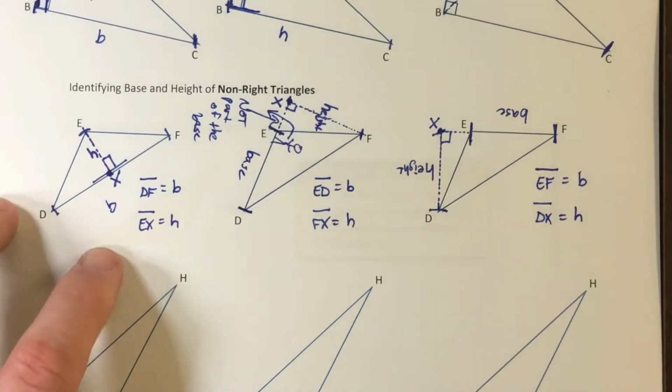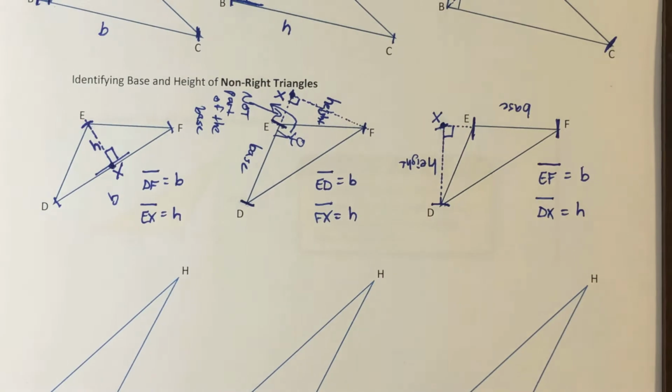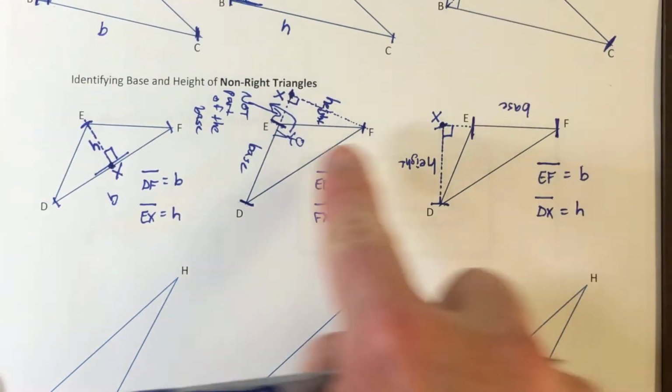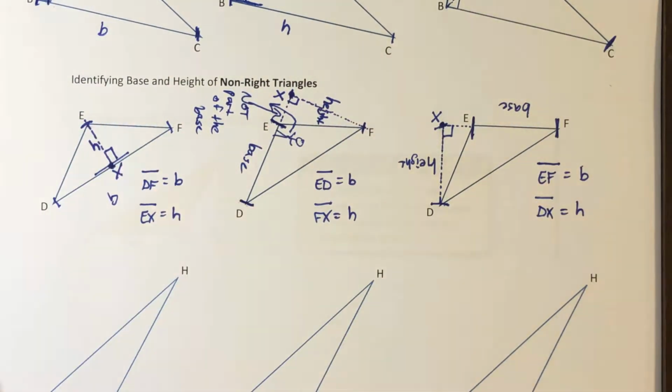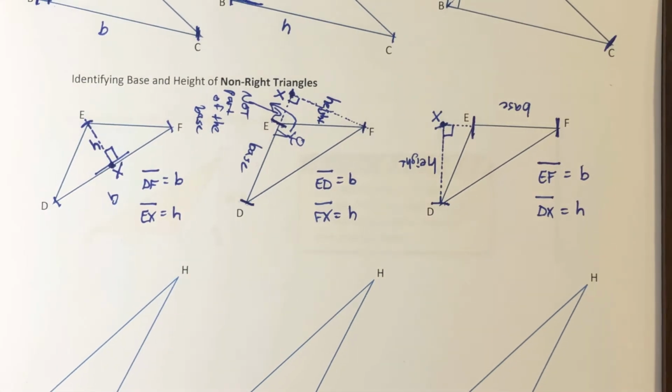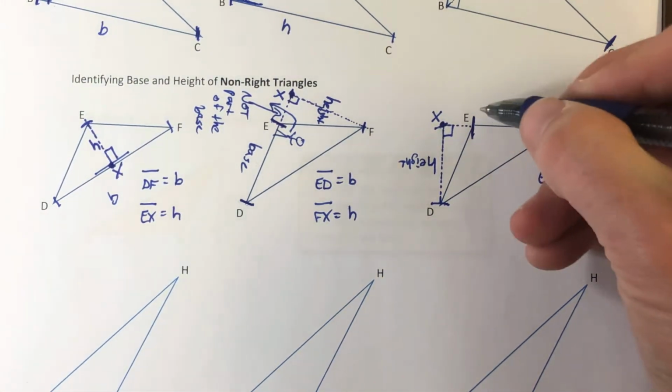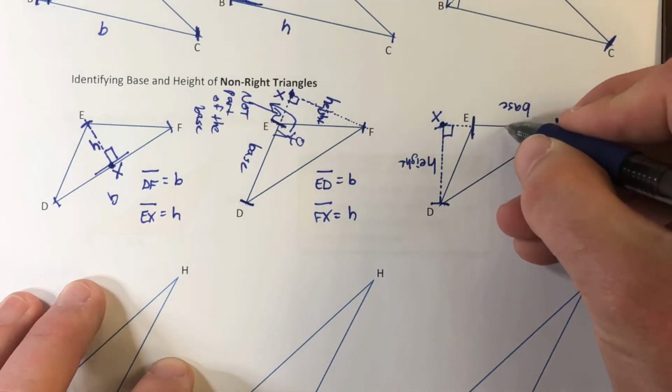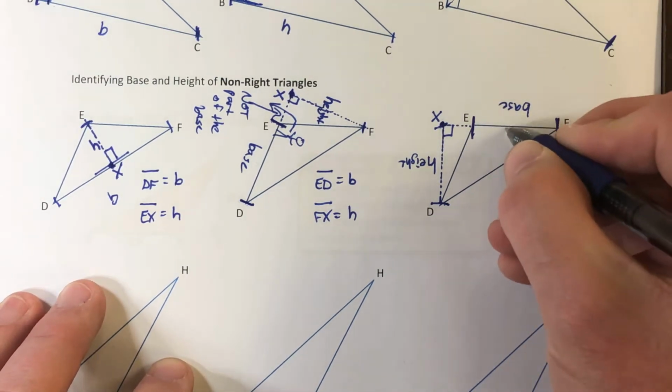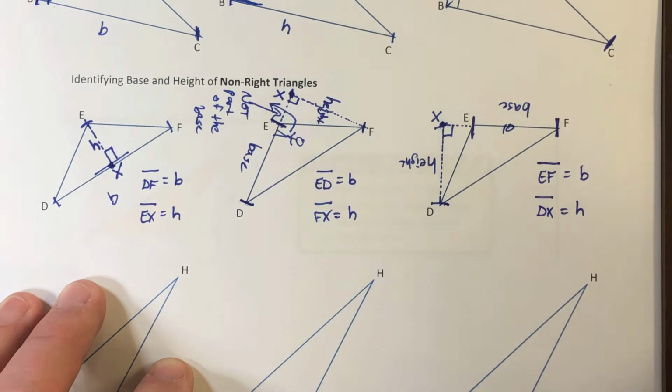So what do we notice on all three of these examples? There wasn't a single side of a triangle that was our height. Why is that important? Well, if you're working out an example and it gives you this number right here, let's just pretend that's 10.